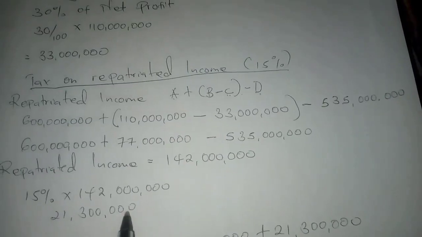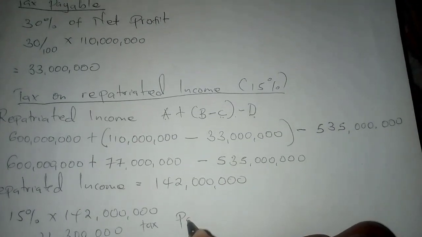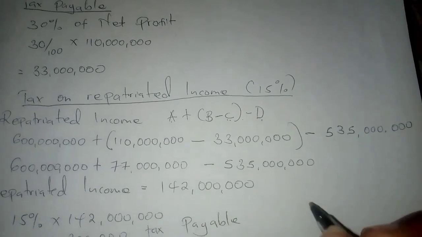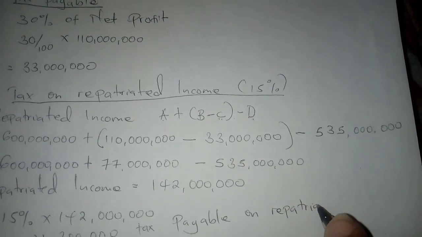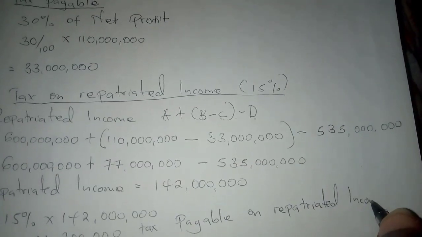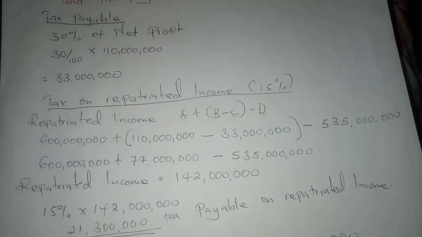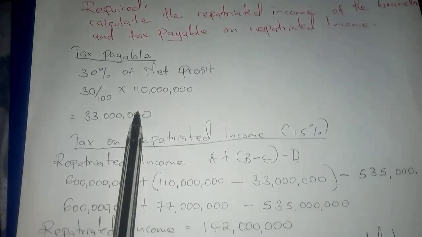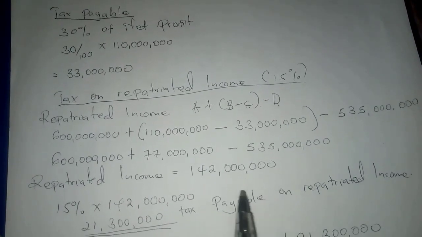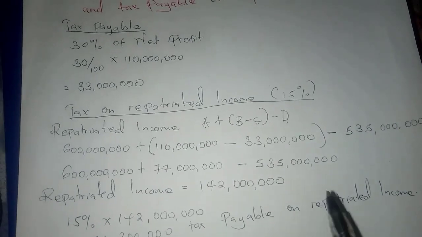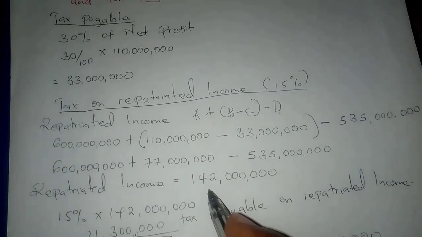So it is the tax payable on repatriated income. In case you want to get the total tax payable, you get this tax of 30% plus the tax on repatriated income to get the total, but it was not asked. Tax payable on repatriated income is this, and this is the repatriated income.